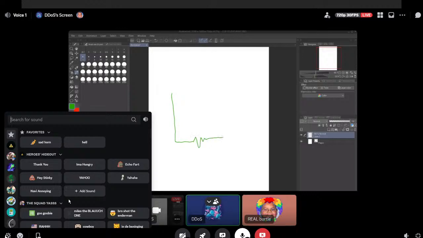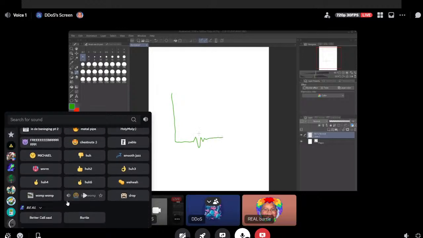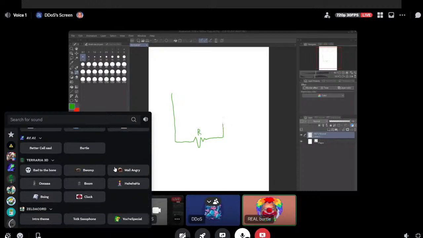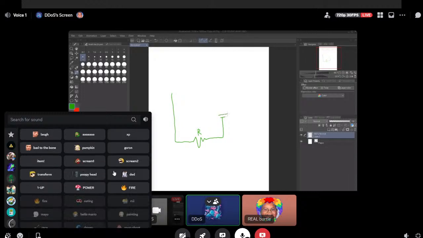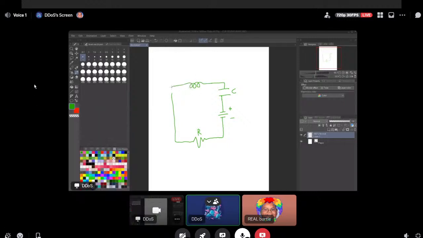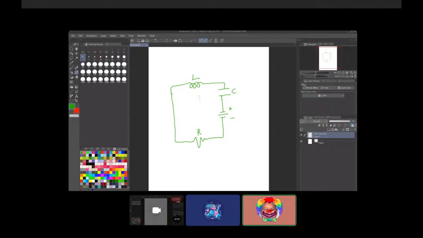You know what that symbol means? That means it's a resistor. Dumb idiot. My bad. No, it's fine. That's a battery. Oh, we got a capacitor. Oh, we got an inductor. What? No way, an inductor?